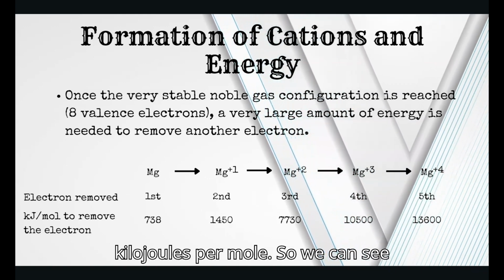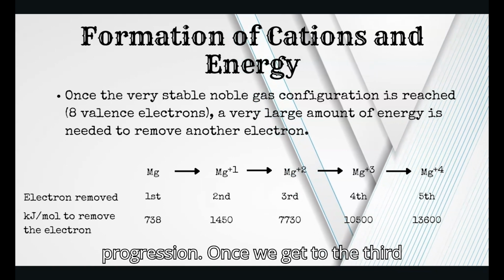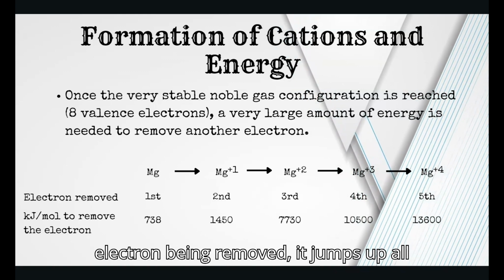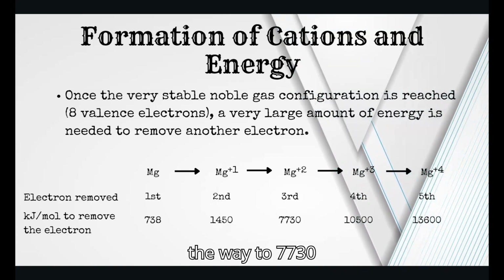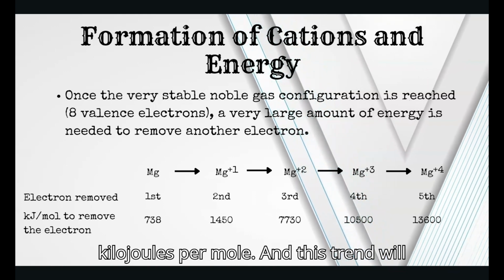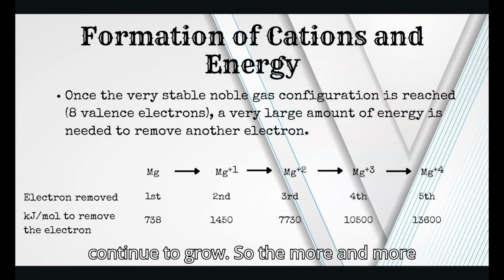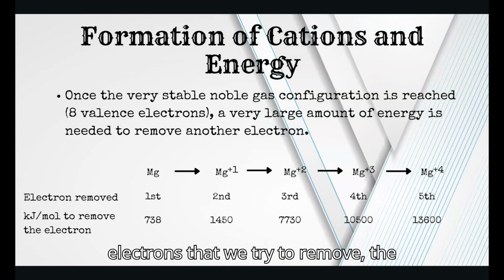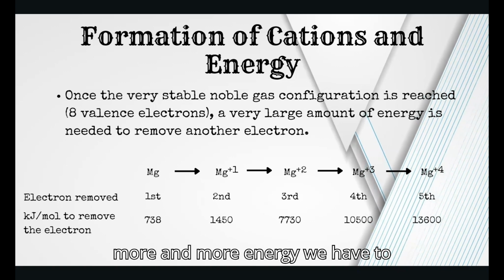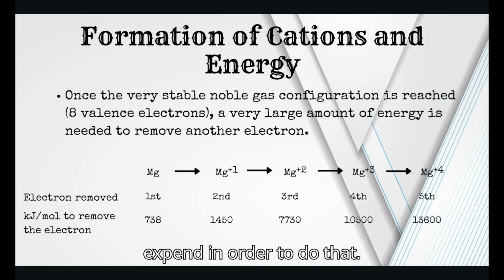So we can see that this is a really large progression. Once we get to the third electron being removed, it jumps all the way up to 7,730 kilojoules per mole. And this trend will continue to grow. The more and more electrons that we try to remove, the more and more energy we have to expend to do that.